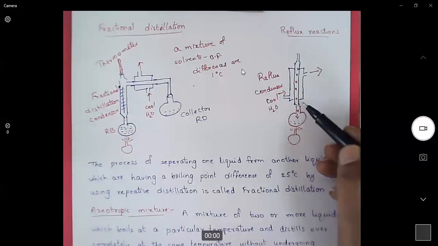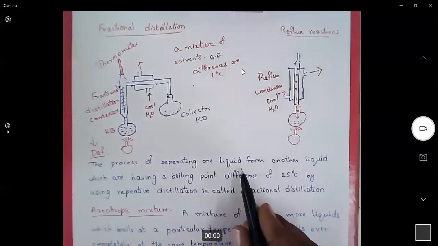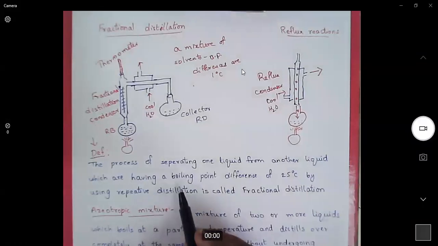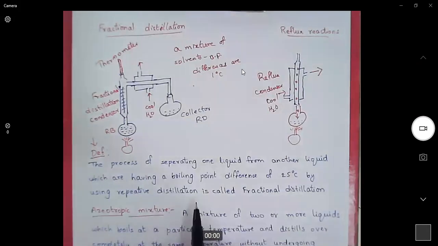Now, what is fractional distillation? The process of separating one liquid from another liquid, which have a boiling point difference of 25 degrees centigrade, by using repetitive distillation is called fractional distillation.